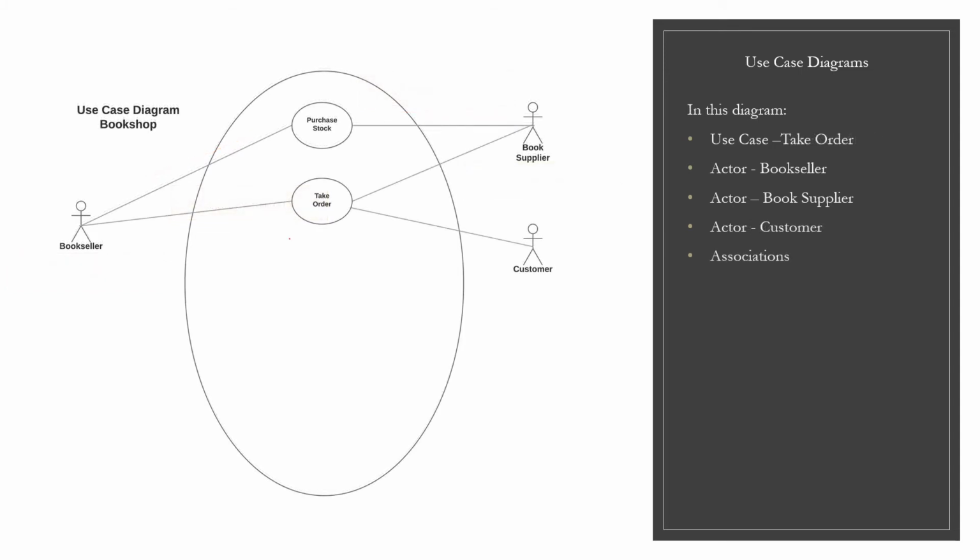Another thing that the bookshop needs to do, another use case, is taking orders. So this introduces another actor, customer. It's the customer who places an order, tells the bookseller what they want, who then passes it to the book supplier for fulfillment.